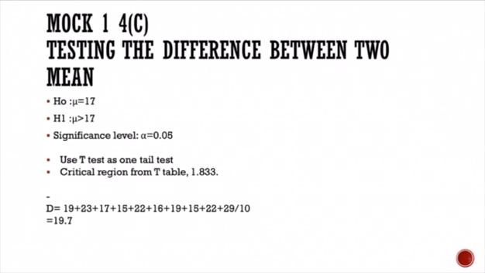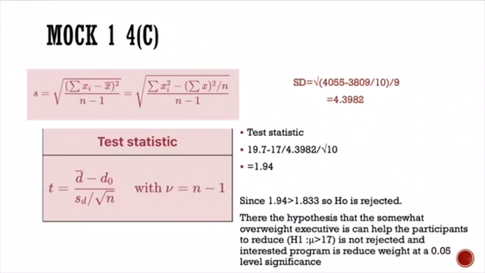So put all the data together, divided by 10. Finally, we got 19.7. Okay, so we need to calculate the standard deviation. So we use this formula to calculate.